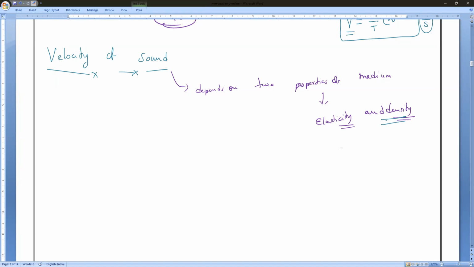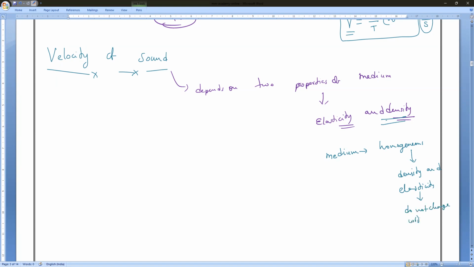If the given medium is homogeneous, then density as well as elasticity remain the same, or will they change with direction? Homogeneous means what? You studied it in ninth class chemistry: the same type of particles. So density and elasticity do not change with direction, so you can go in any direction.